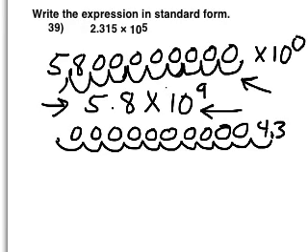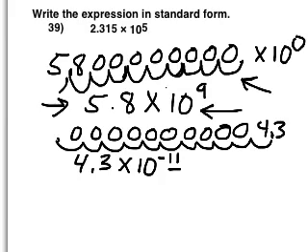Okay, that's 11. So it would be 4.3 times 10 to the what? Negative 11th. See, because we made that number bigger, we've actually multiplied it by 11 tens. So we reflect that with this, negative 11. So 4.3 times 10 to the negative 11th power.